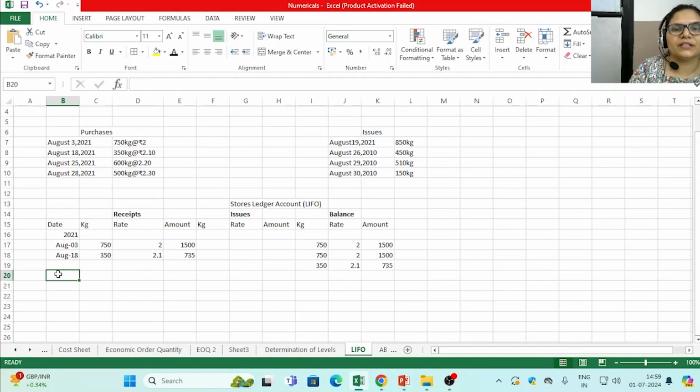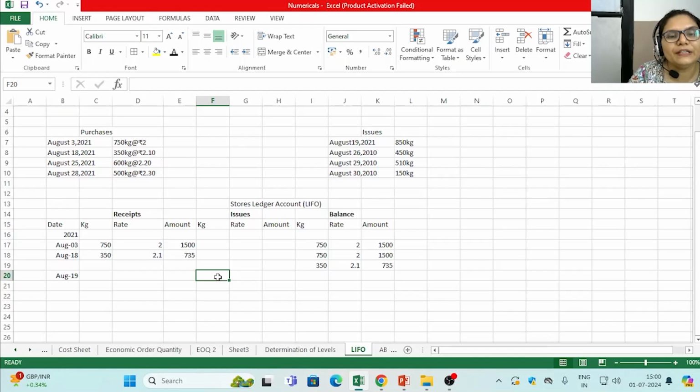Next transaction is for August 19. On August 19, no purchases were done, only issues. Now we have to issue the material. It's time to look at whether we are following the LIFO approach or the FIFO approach.